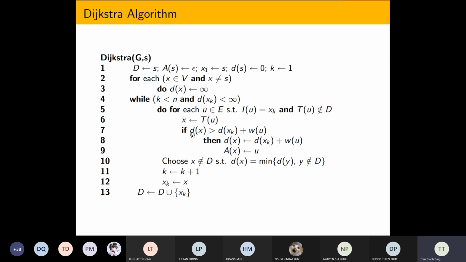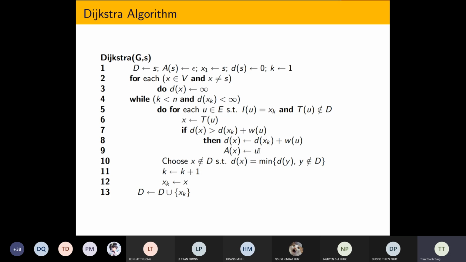We compare: if the distance from S to x is bigger than the distance from S to xk, the initial, plus the weight of the edge, then we update it. The ancestor of x will be u, meaning the edge used to reach x will be u. That is the meaning.